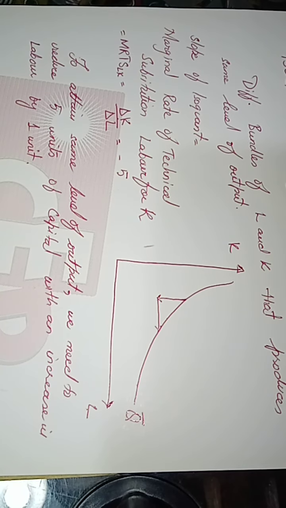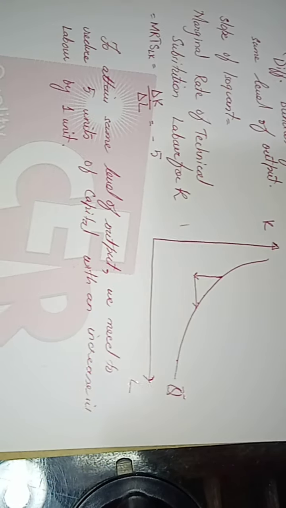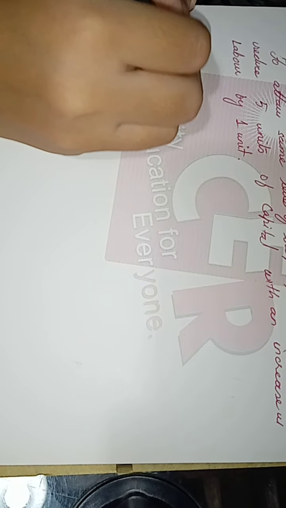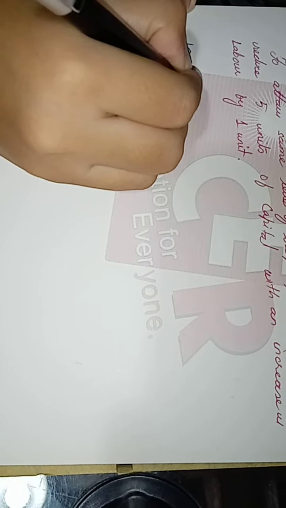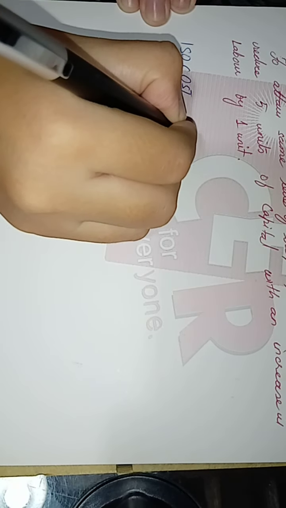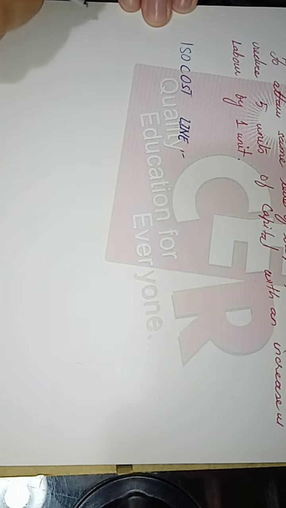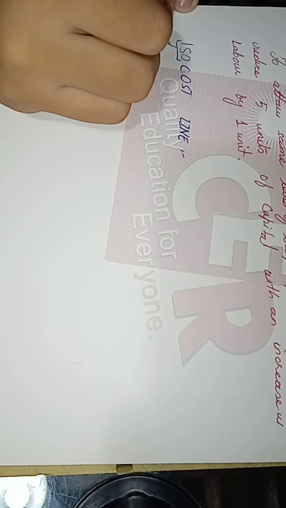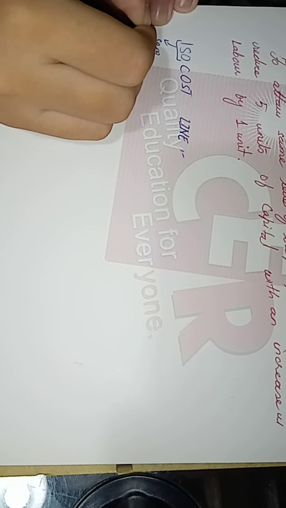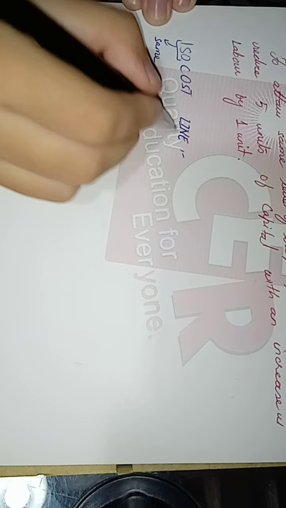Now the last one, which is going to be similar to the budget line but on the production side, is the isocost line. So the name says iso basically means same cost line.